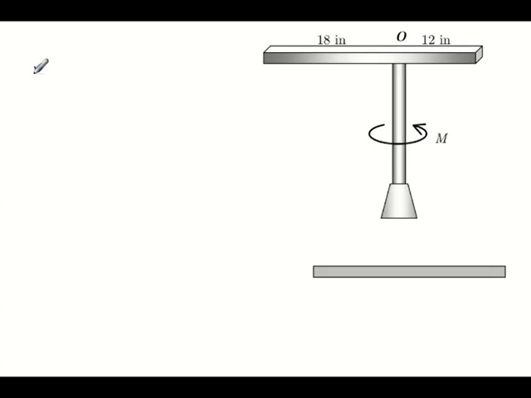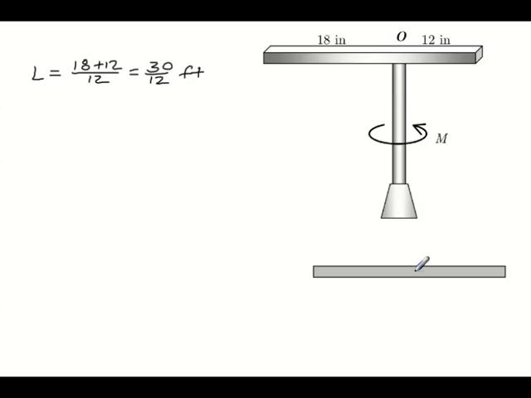So first thing I'm going to do is give some things names here. L is going to be the length of the bar, so it's 18 plus 12 divided by 12. So that's the length in feet. G is going to be at the midpoint here.